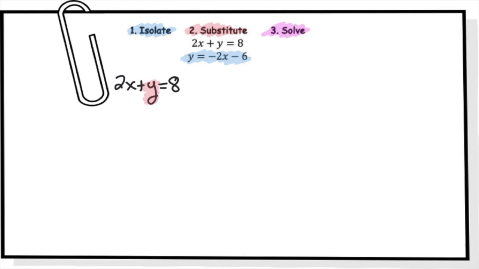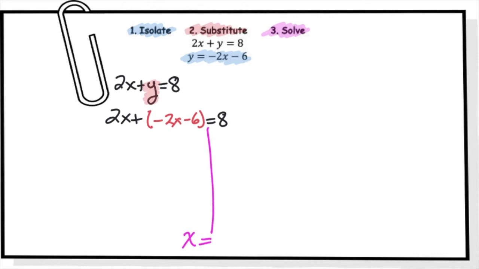So this is going to look like 2x plus y, and here we're going to substitute the whole y value, which is negative 2x minus 6, equals 8. And now we just need to worry about solving, in this case solving for x, because that's the variable we have in hand.